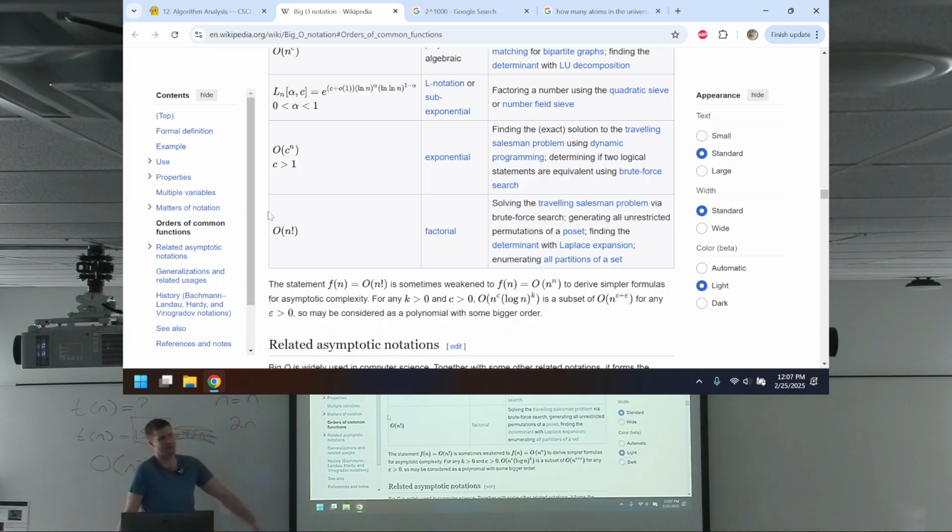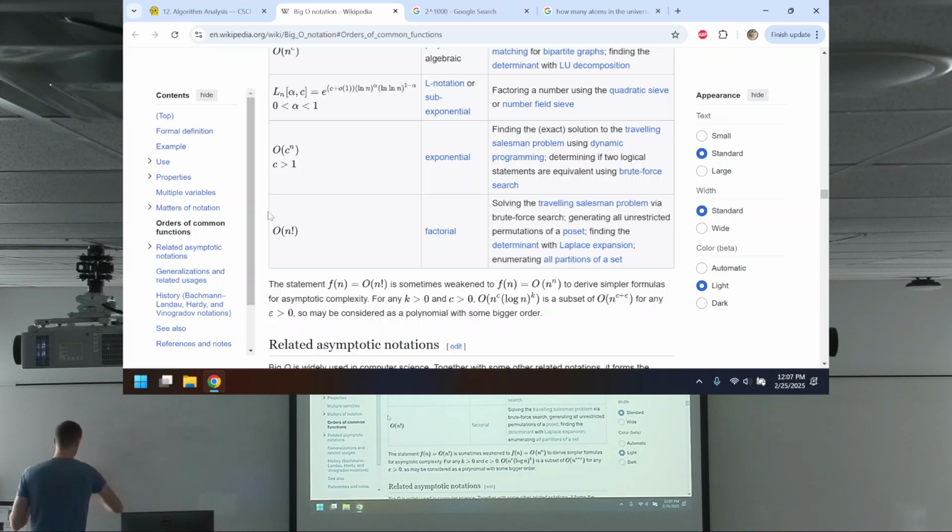Remember I talked last semester about the traveling salesman problem? That would be an example of a factorial one. Why? Look, if I have to visit all those cities, say 1, 2, 3, 4, 5.